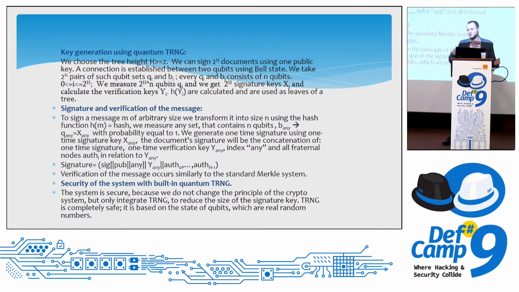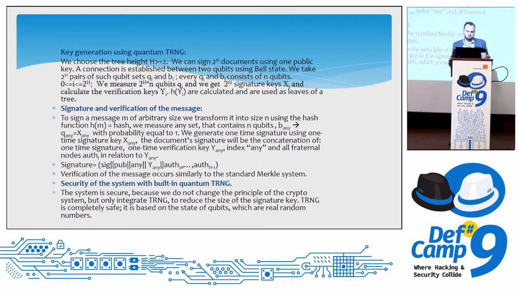We take 2h pairs of the set of qubits, q_y and b_y, and we measure these qubits and use them as x. So we get signature keys. Afterwards, we calculate y, as usual, our verification keys.